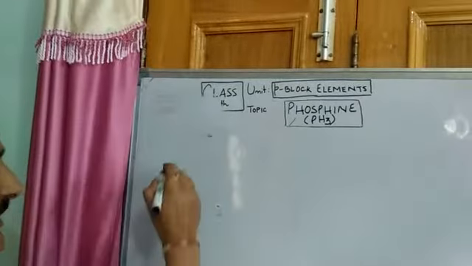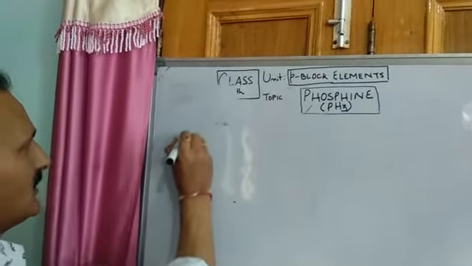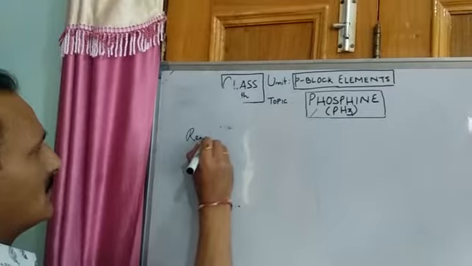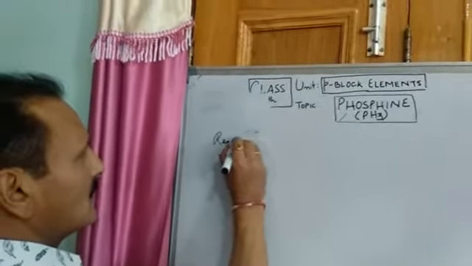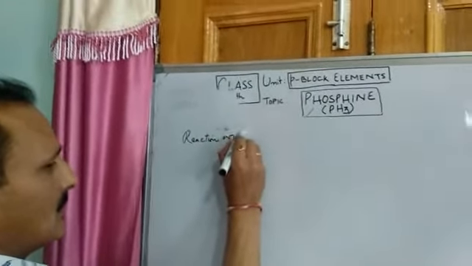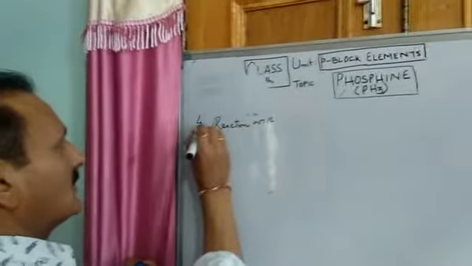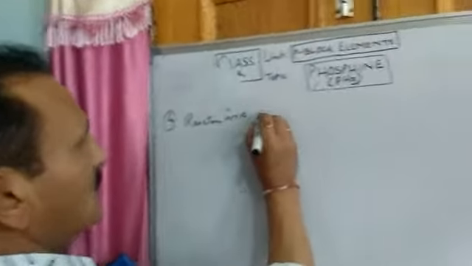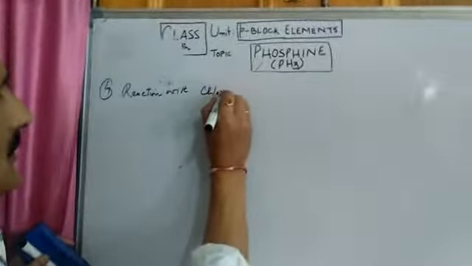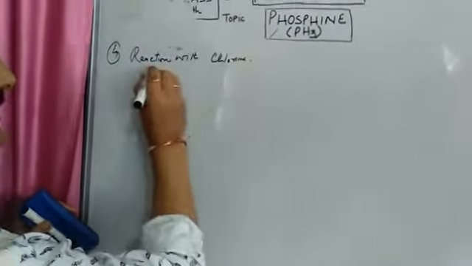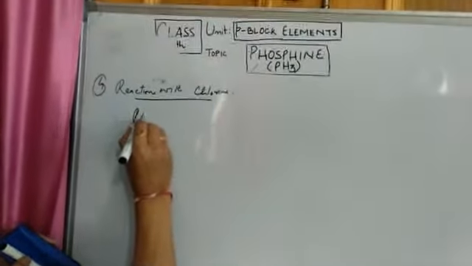Now coming to reaction with chlorine. This is the fourth chemical property. Let us see what happens to phosphine when it is treated with chlorine.